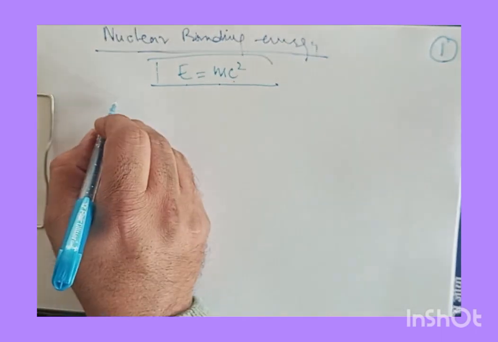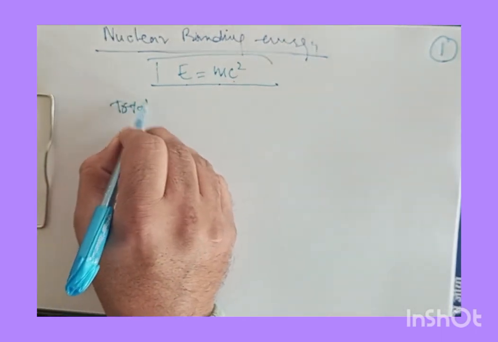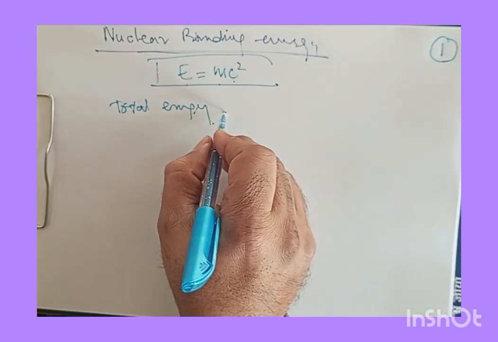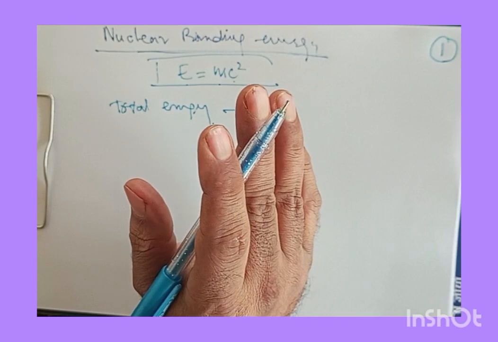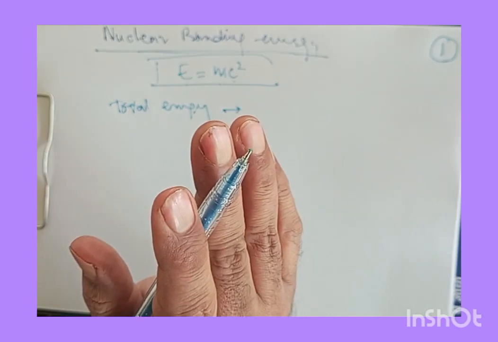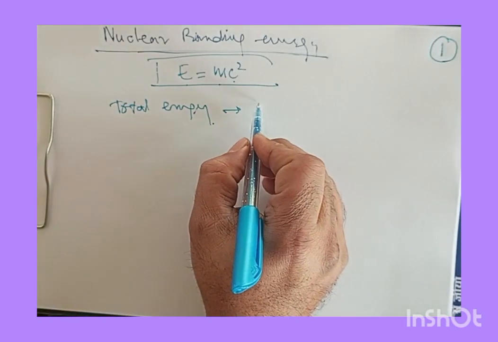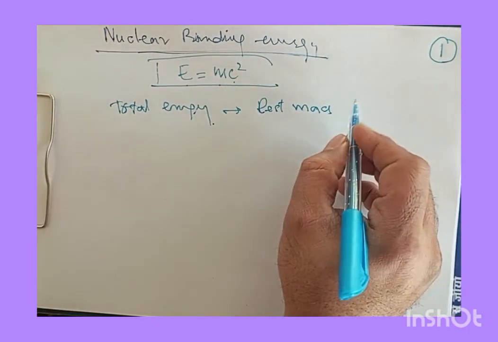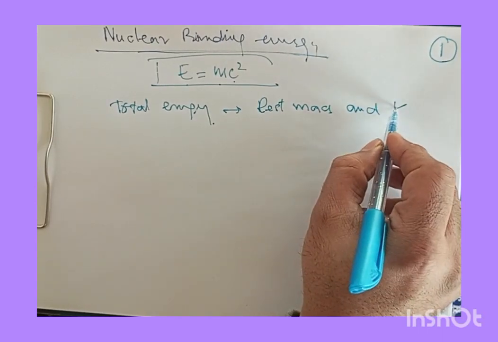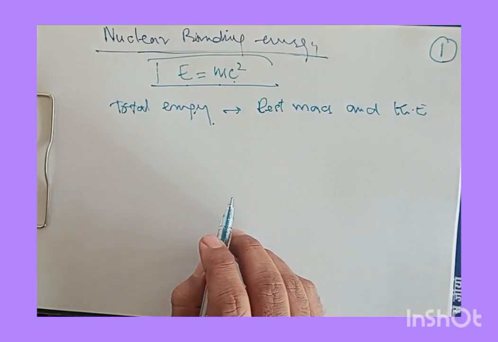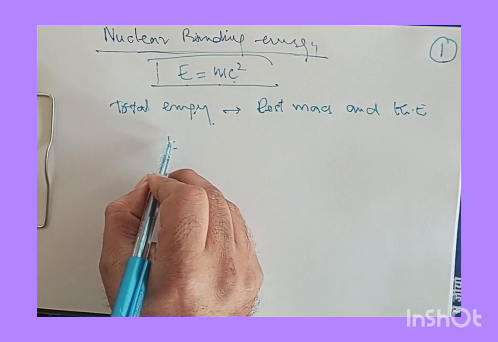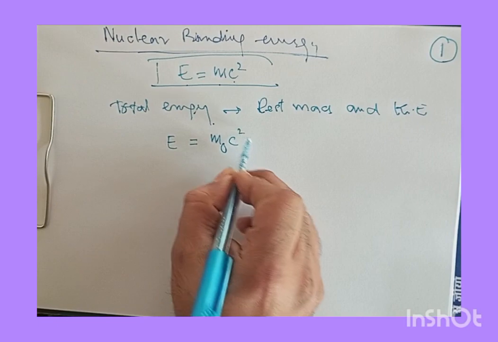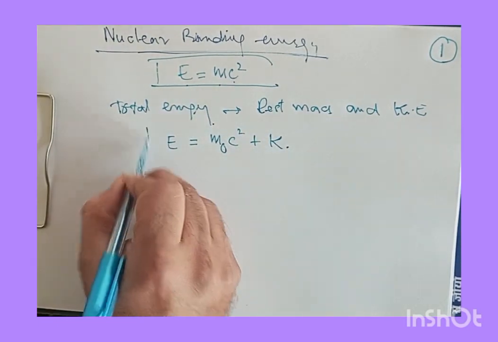Now, the total energy is equal to the sum of the rest mass energy and kinetic energy. So if I have to write down that total energy, that will be the rest mass energy plus the kinetic energy.